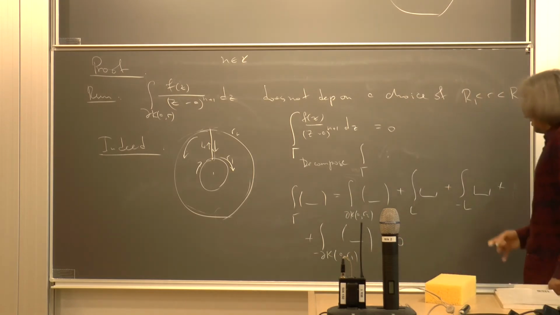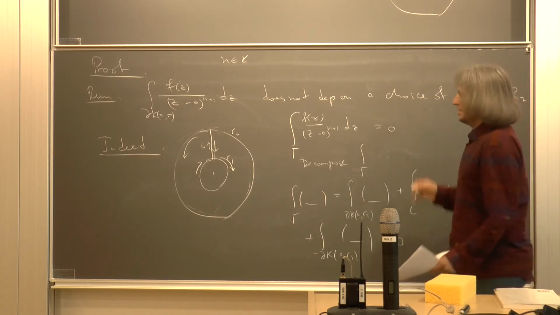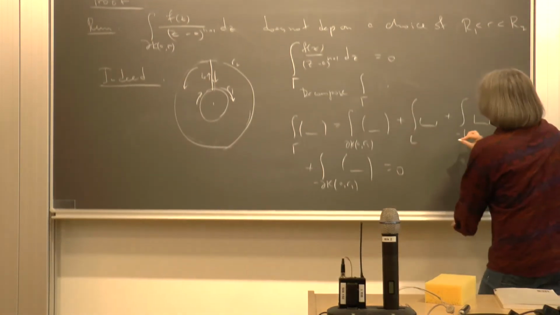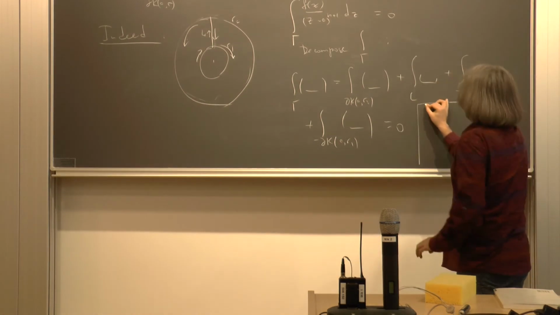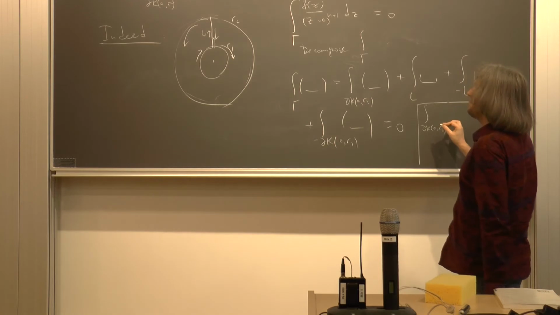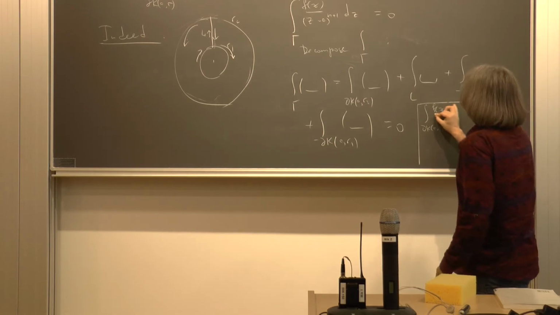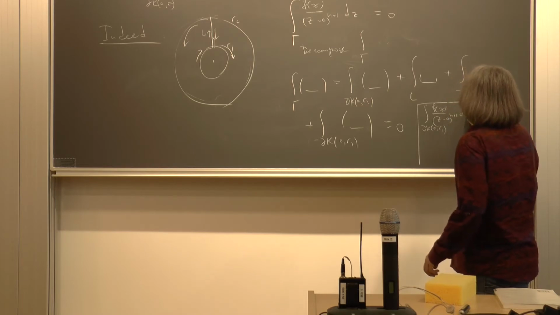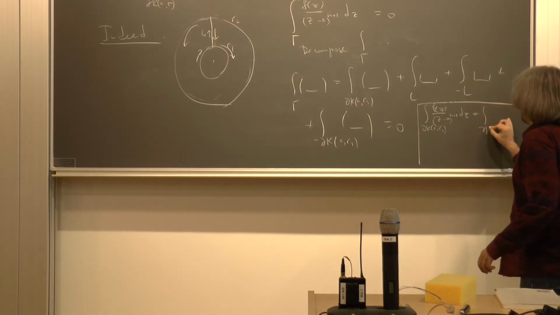So these two cancel out, and we get that, let me write it in the corner, the integral over dk of a R1 of f of z, z minus a to any power, equals the same for R2.